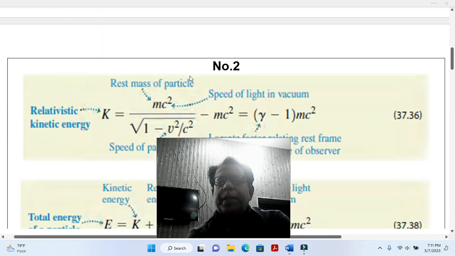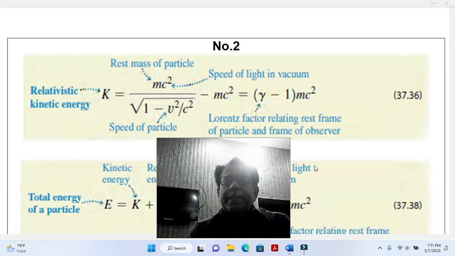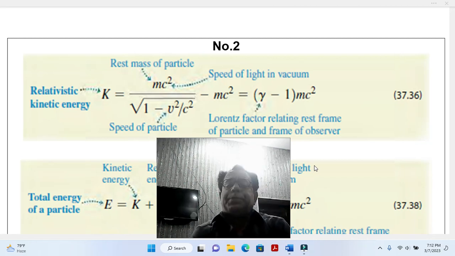Now we move to tool number two, which deals with relativistic kinetic energy. Relativistic kinetic energy K is equal to mc square over square root of 1 minus v square over c square, minus mc square. This alternatively becomes equal to gamma minus 1 within brackets, multiplied with mc square.